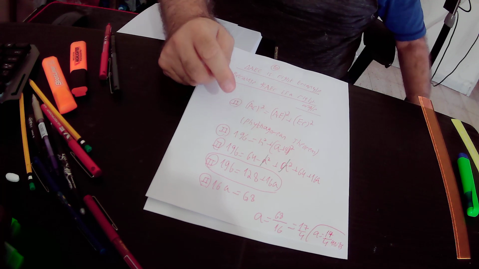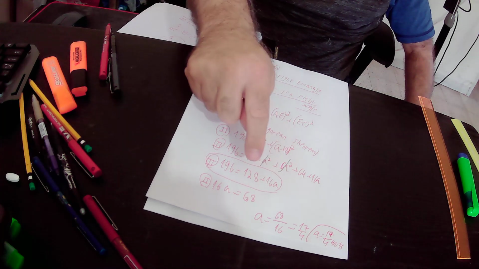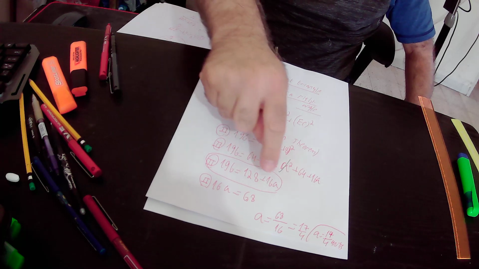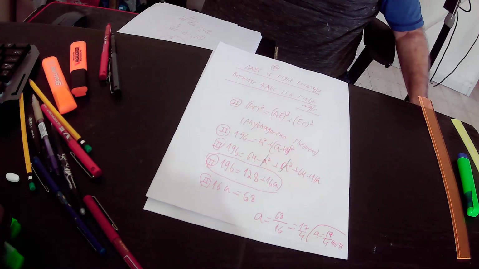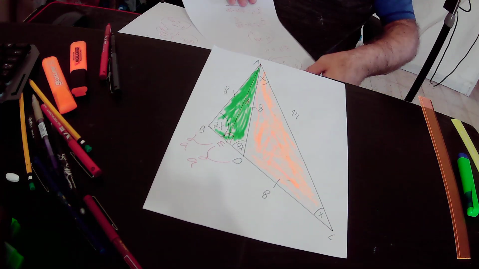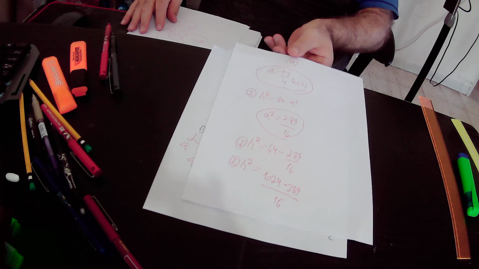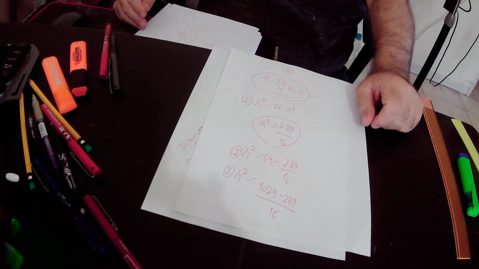We have only one variable that is missing, that is A, and by solving this equation we found that A equals 17 over 4 units. Then we have equation number 1 that states that H square equals 64 minus A square.